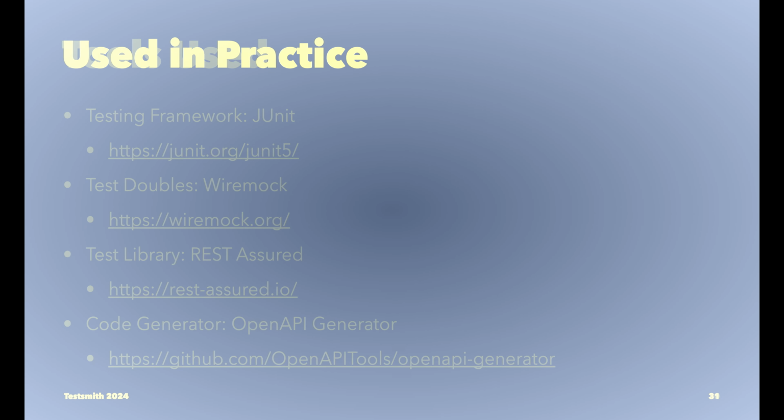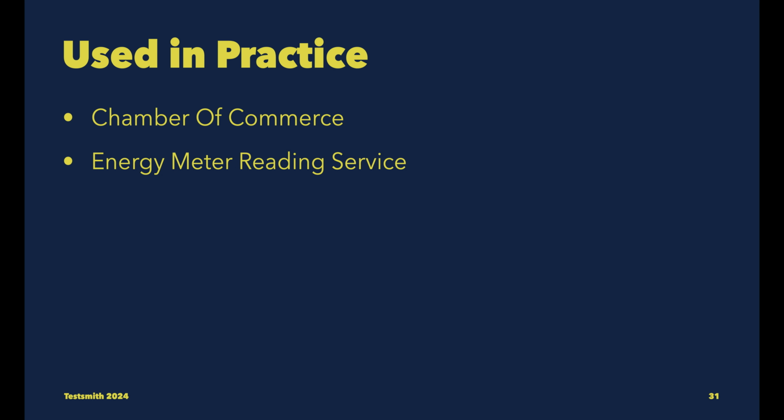I have used it in the following situations: mocking the Chamber of Commerce, and also simulating slow responses and error codes. Energy meter reading service to speed up long-running processes. In this case, a specific API request can trigger a process that can take from 2 to 5 days. SMS sending service to reduce costs.